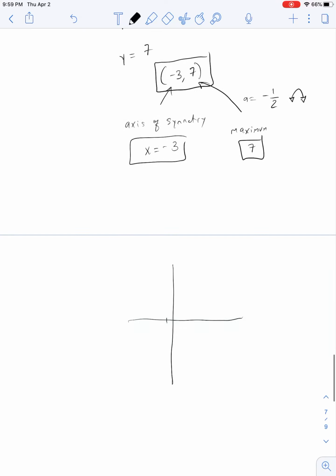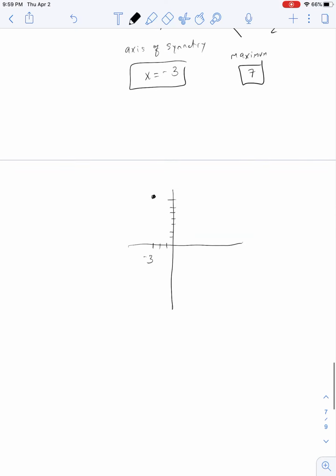Right, so we have our value negative 1, negative 2, negative 3, and then we go 1, 2, 3, 4, 5, 6, 7. There we go. All right, so once again, we want to pick a number to the left and a number to the right. So we make our table.